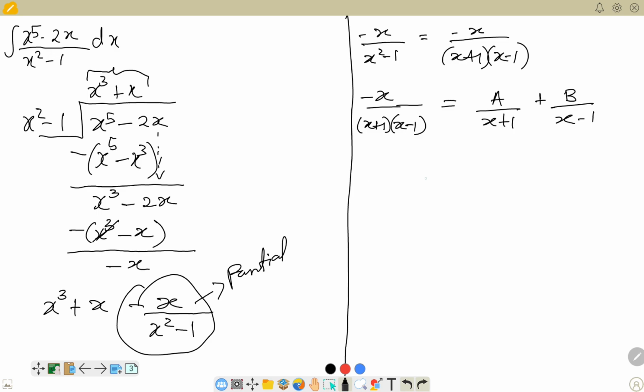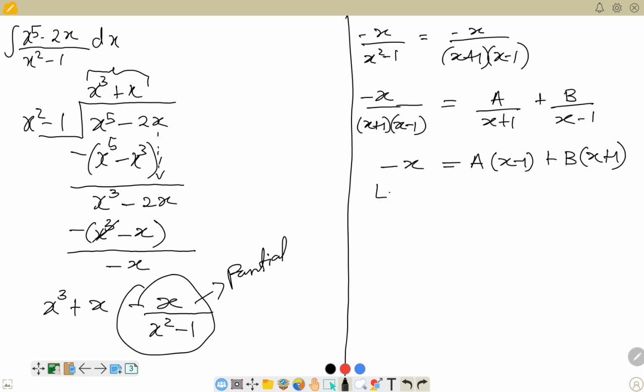Then from here we can multiply by the denominator of the left hand side, where we'll get negative x is equal to a into x minus 1 plus b into x plus 1. So now we need to find the values of a and b.